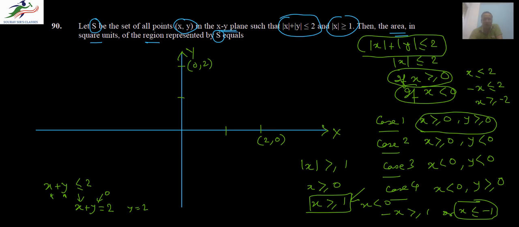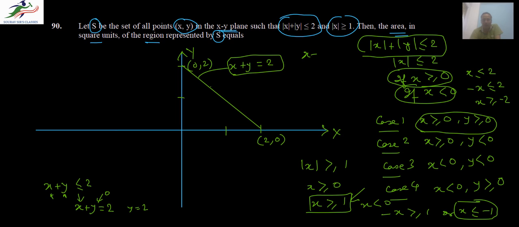So my straight line would be the straight line that would connect these 2 points. So therefore, this is the straight line that represents the equation x plus y is equal to 2.